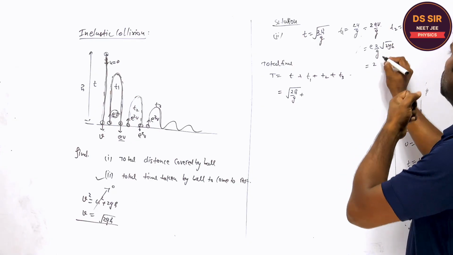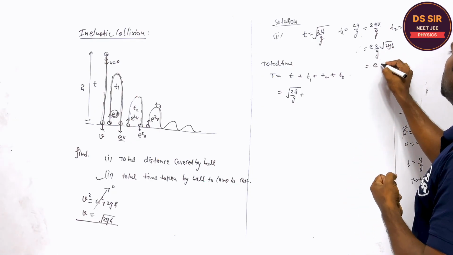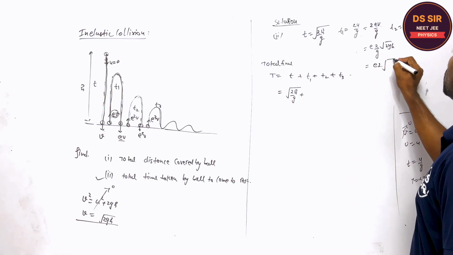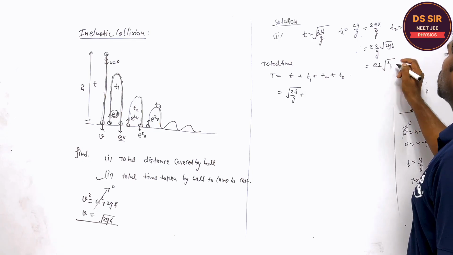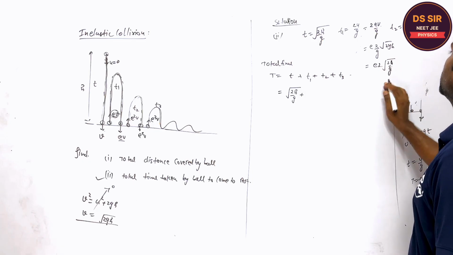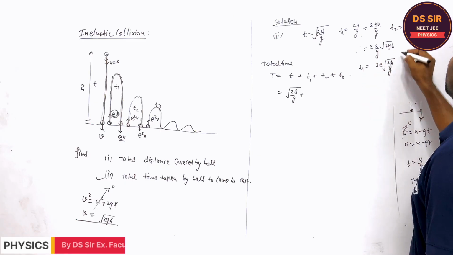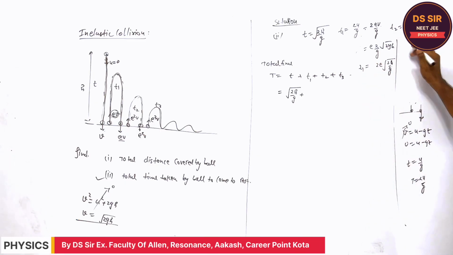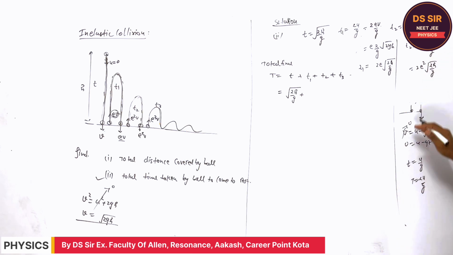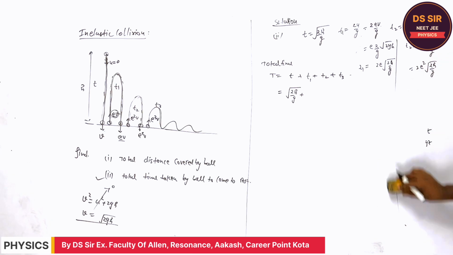It is 2 into e into root 2h by g. Is it clear or not? It is equal to 2e root 2h upon g. So this is the t1. In the same way, what is the t2? t2 is 2e square root 2gh upon g. It is 2e square root 2h upon g. Is it clear or not, you tell?